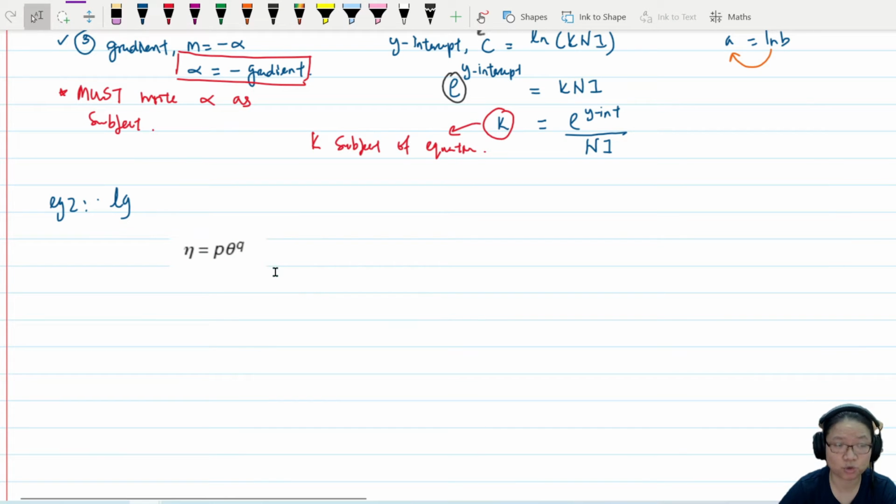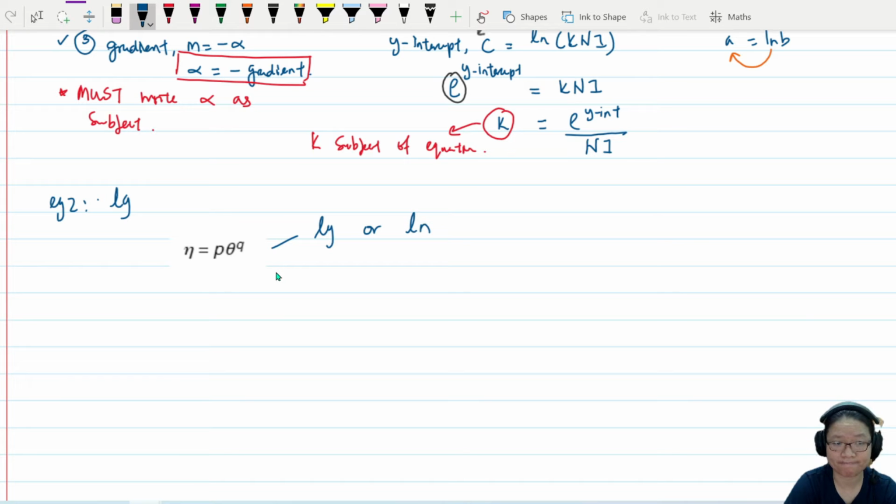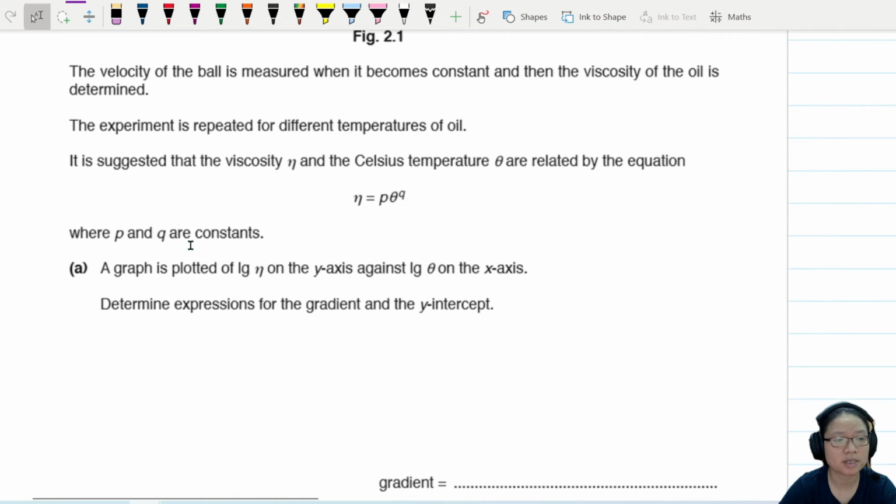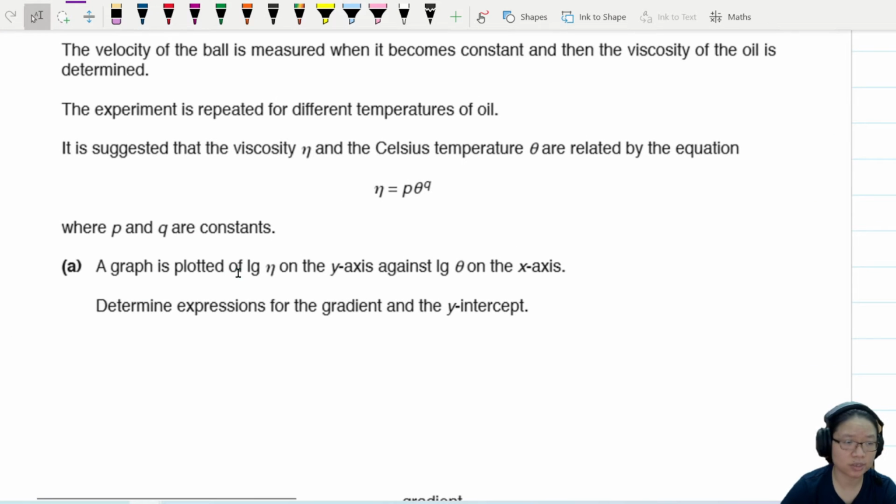You can use log or ln. Whenever there's no natural log, you can use log. I'm going to fast forward and show you the question now. This is the question that was set, and you will notice that they tell you that a graph is plotted with log nu, the symbol for viscosity is nu.